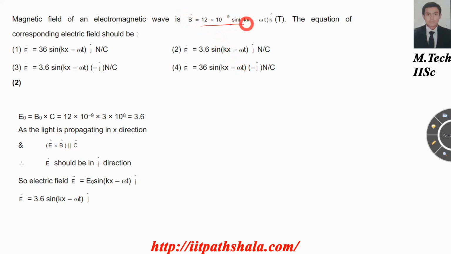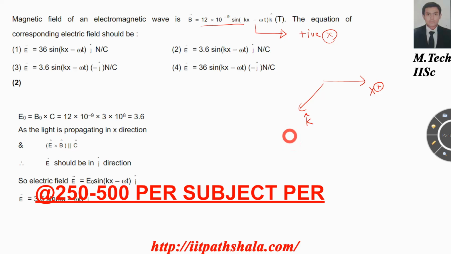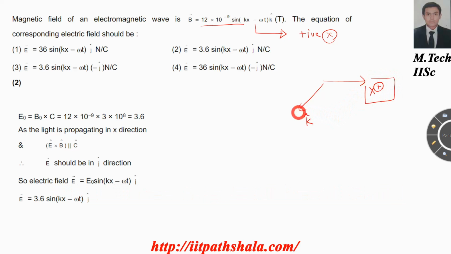First of all, if you see the following equation, you can figure out that your wave is traveling in the positive x direction. My B is lying in the k cap direction. As I know, the direction of propagation of the wave is the cross product of the electric field vector and the magnetic field vector.